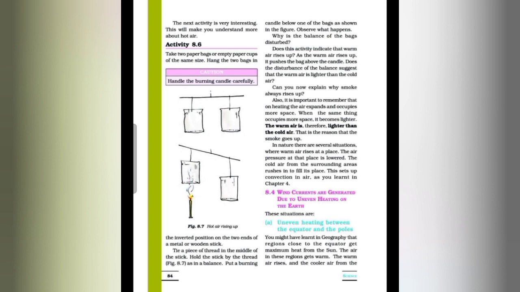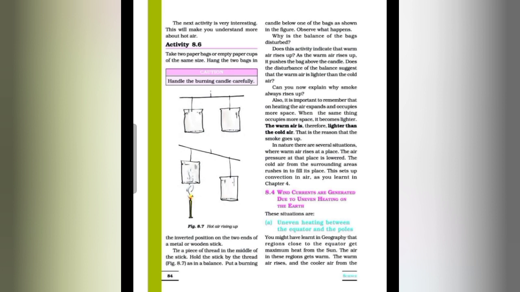So basically what we have done in this activity is take two empty paper bags, or we can take empty paper cups also, of exactly the same size. Then hang the two paper bags in inverted position, that means with their face pointing downwards, as you can see in figure 8.7, at the two ends of a light wooden stick with the help of a piece of thread.